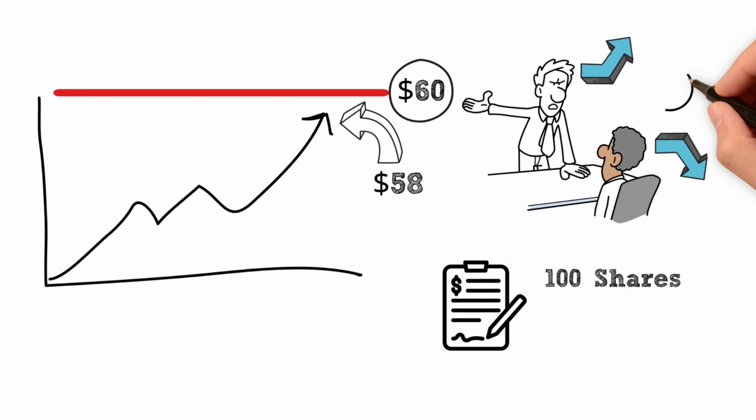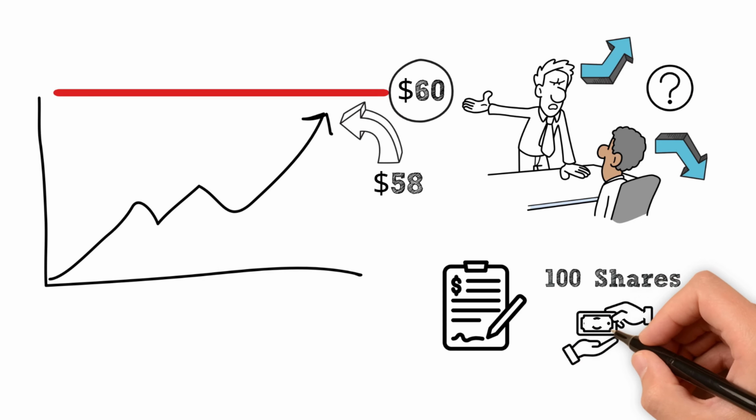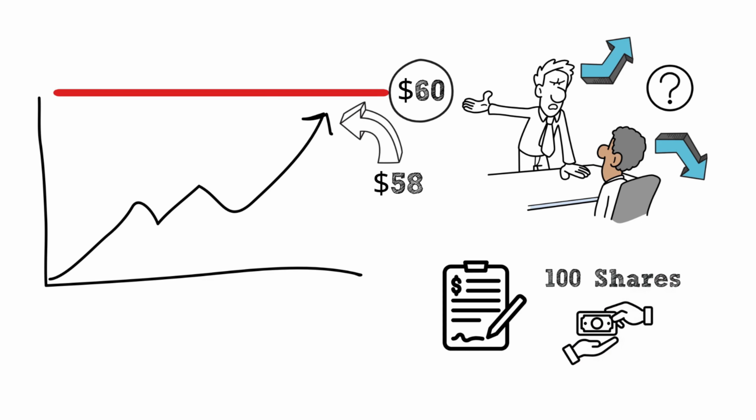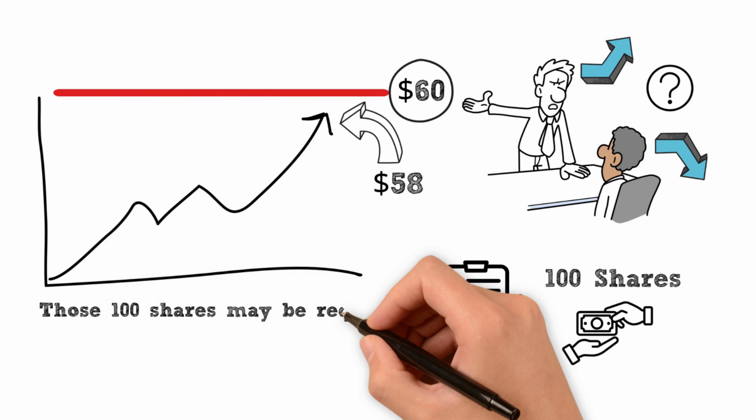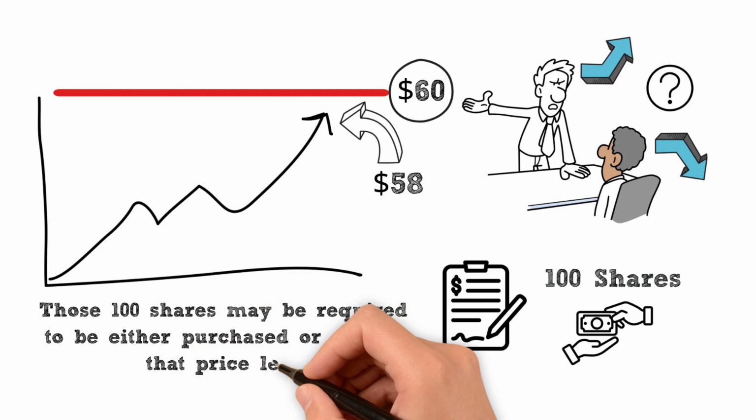Well, depending on who is right with their speculation, that strike price is the price that those 100 shares will be theoretically transacted at. So by selecting that strike price, both buyer and seller are agreeing to the fact that depending on where price sits, those 100 shares may be required to be either purchased or sold at that price level.